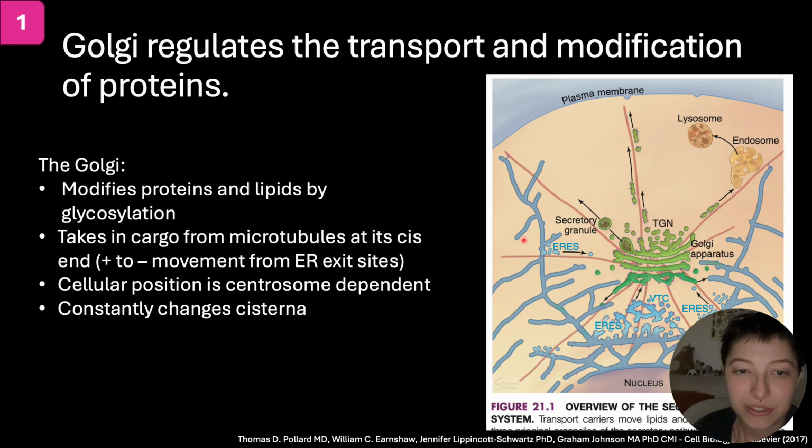The ER transports proteins before they can get modified, and so they leave ER exit sites and travel down microtubules to the Golgi, and they move from the positive to the minus end of the microtubule. That's kind of interesting, since the rest of the cell usually uses minus end to positive end. So this is a dynein dependent transport.